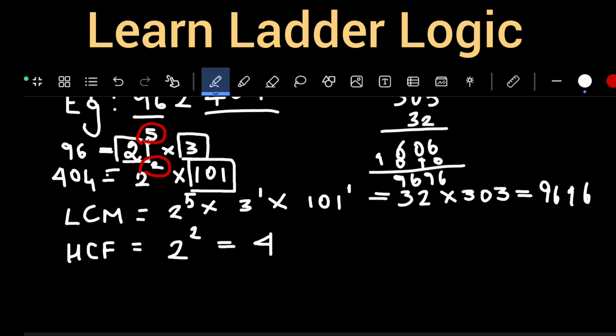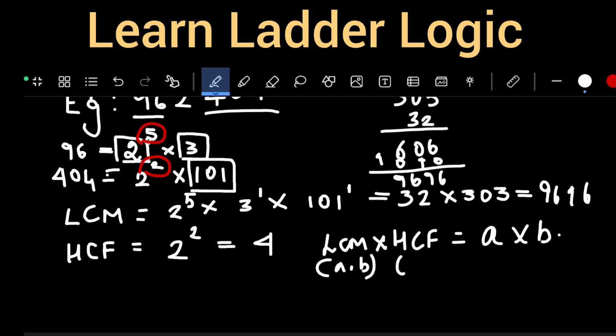One thing to remember from your exam point of view is that LCM into HCF is equal to the product of the numbers themselves. For example, if A and B are your numbers, then the LCM of A, B and the HCF of A, B is equal to the product of the numbers, A into B.